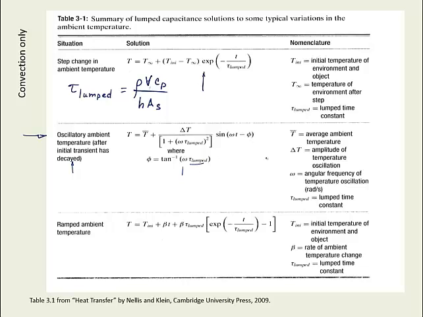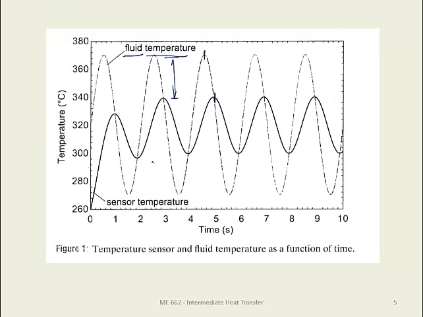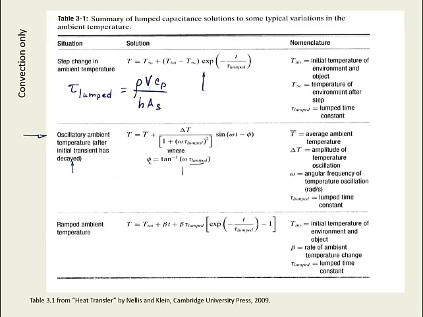I think everything in this equation is defined, but it gives you a way to determine how well this temperature sensor can actually match what the free stream temperature actually is, so how that differs, and also the phase lag between those two temperatures.